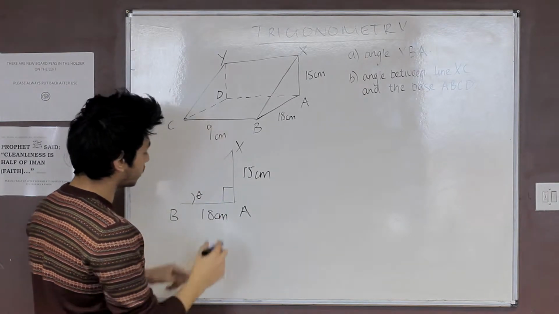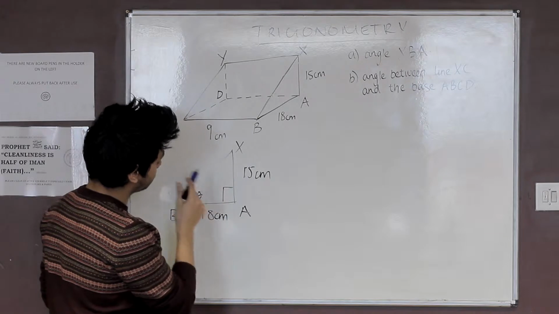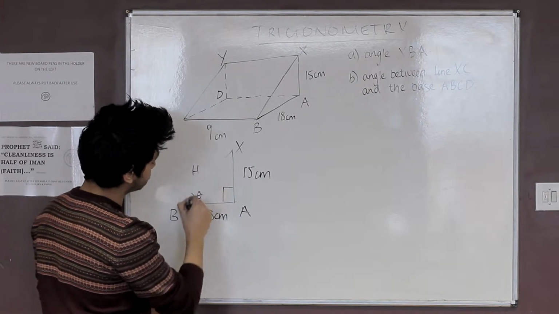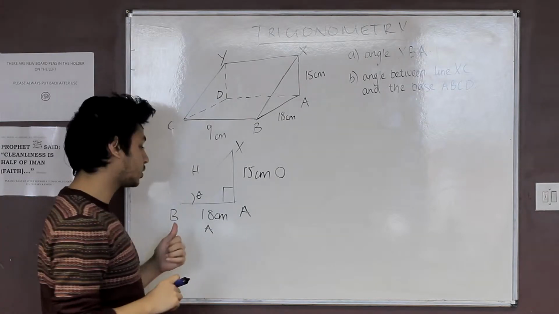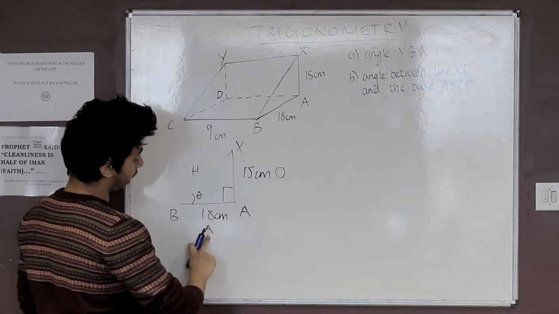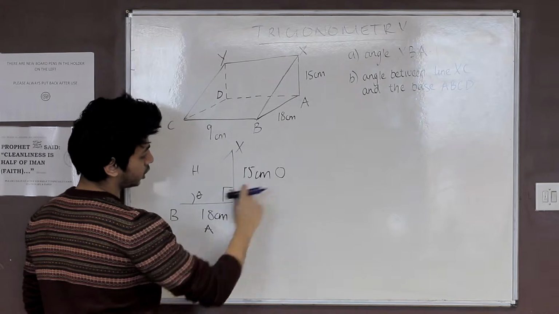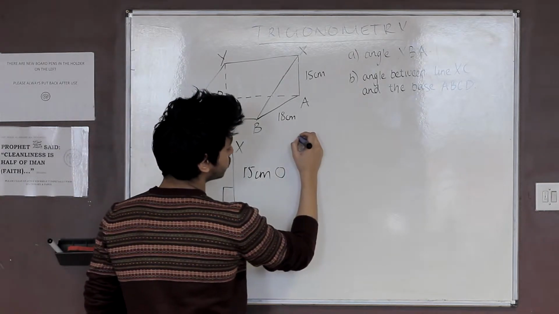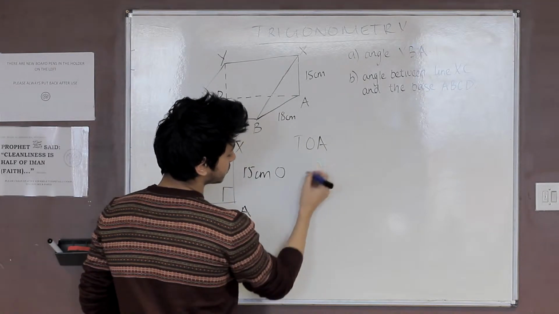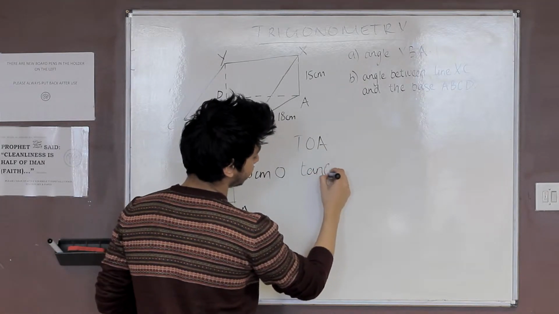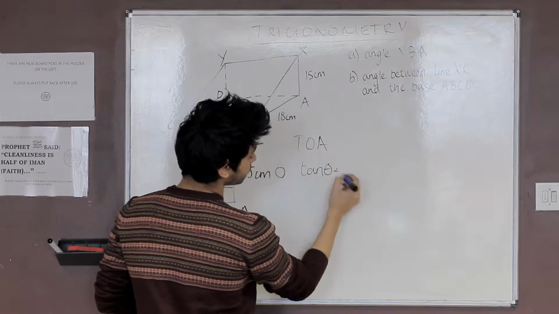Again, we label our sides: here we have our hypotenuse, our opposite, and our adjacent. We've got our A side and our O side, which dictates that we use the TOA part of the keyword. This represents our tan ratio: tan theta equals O over A.